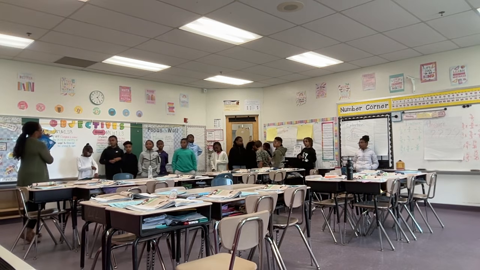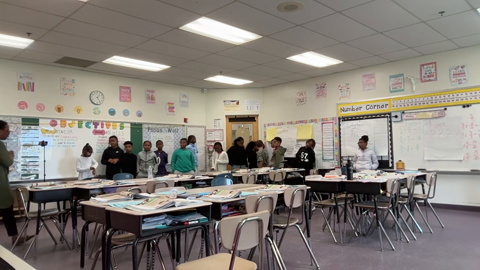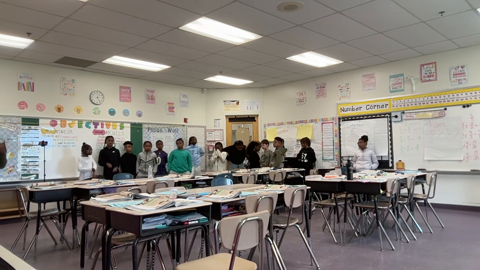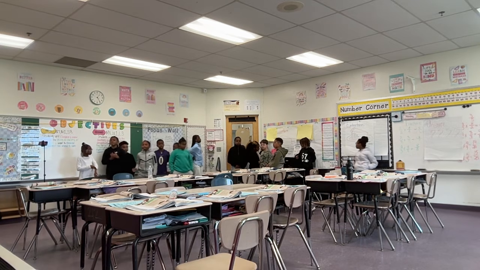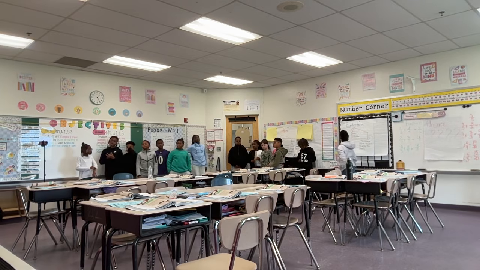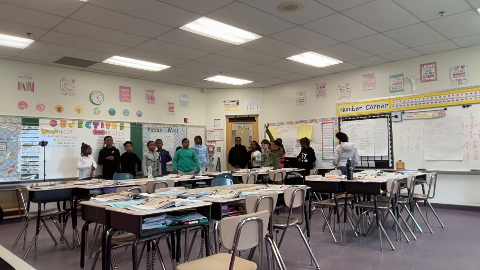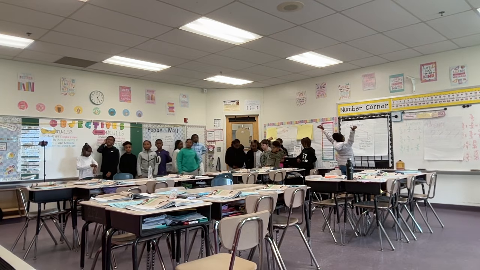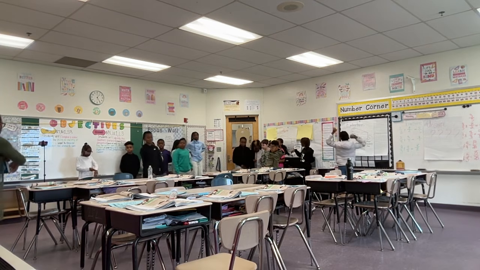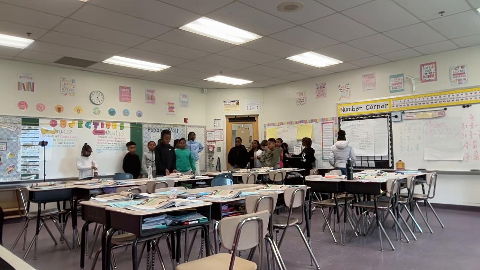So what evidence did you read or get from the text? What evidence that so far the author is trying to persuade us to start a garden? Okay. Why? Where's your book? Grab a book and just tell me why. Why did you choose that?